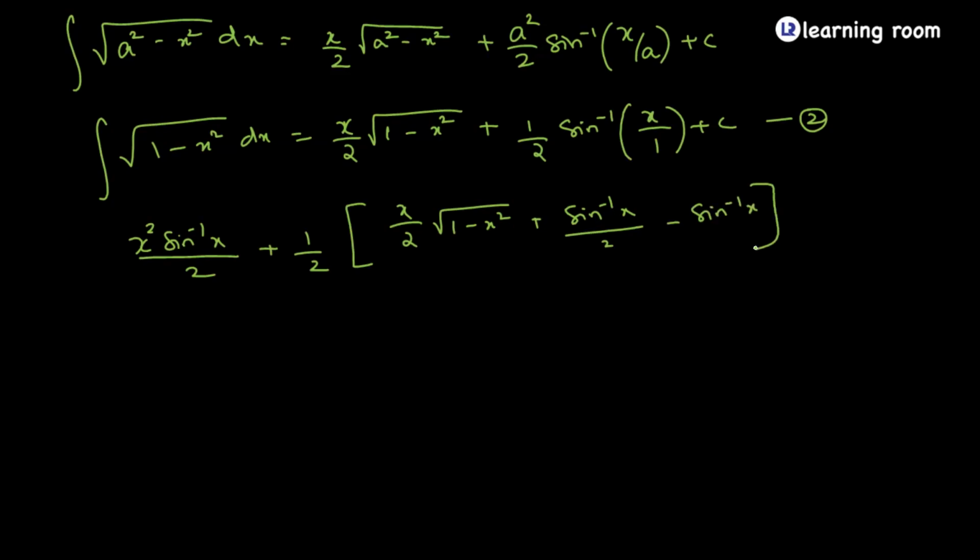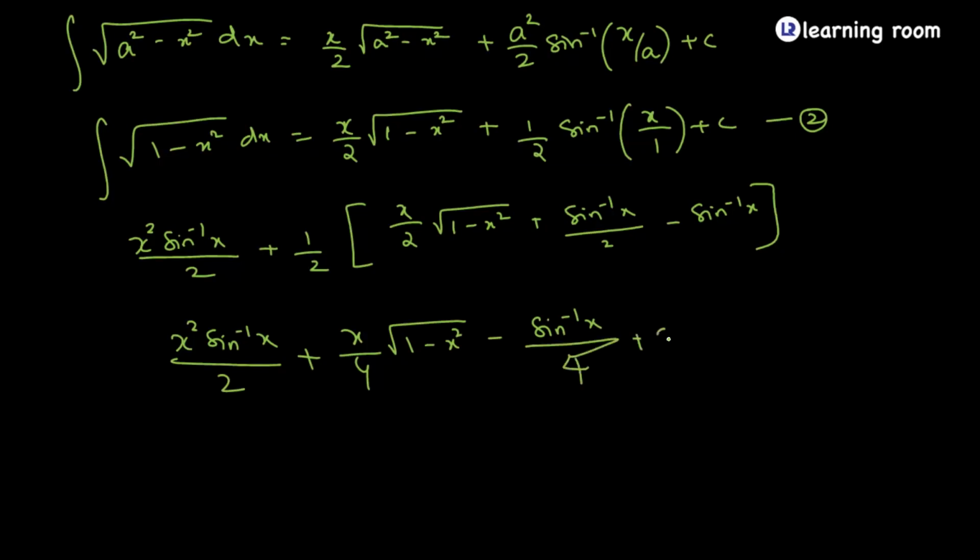So what is the answer supposed to be? X square sine inverse x divided by 2 plus x by 4 into root of 1 minus x square minus sine inverse x by 2, minus sine inverse x by 2 inside the bracket, but the denominator 2 gets multiplied with this 2. It will be sine inverse x divided by 4 plus c. So this should be the answer.